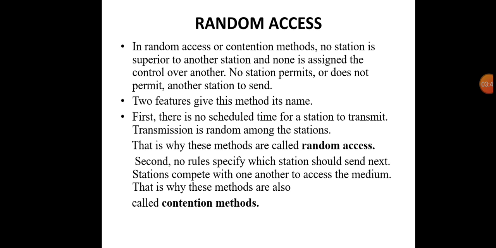Transmission is random among the stations. That's why these methods are called random access. Second, there are no rules specifying which station should send next. Stations compete with one another to access the medium. That is why these methods are called contention methods.